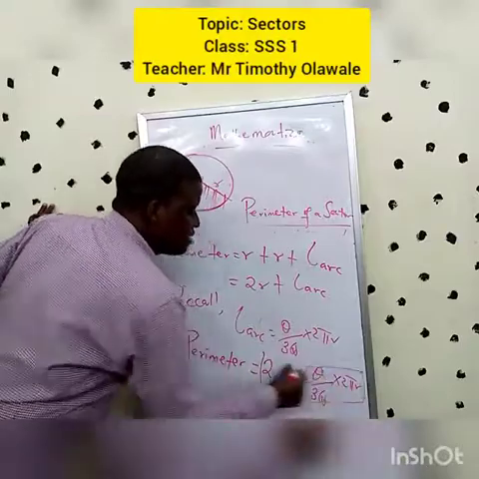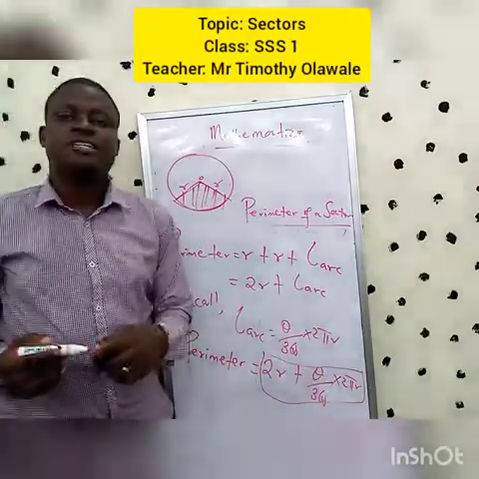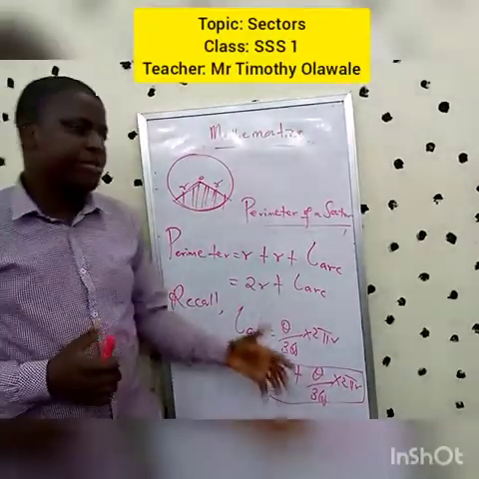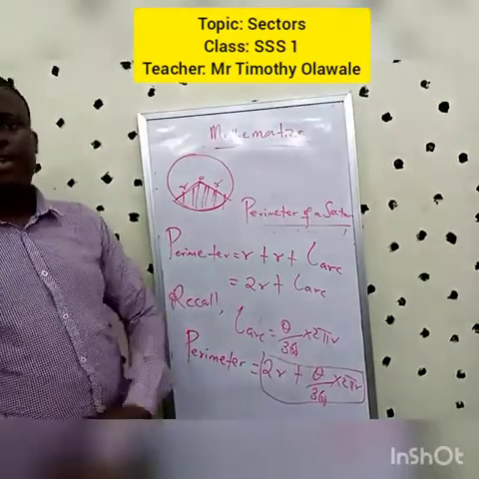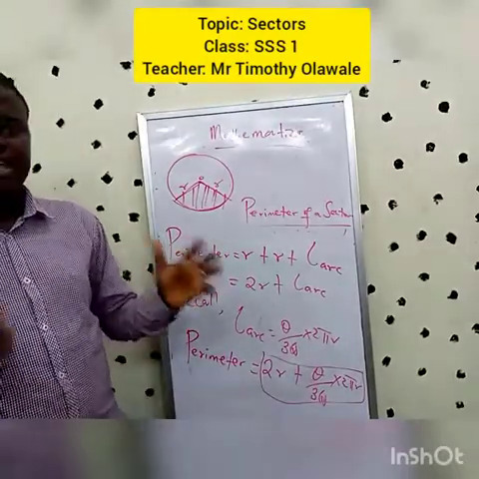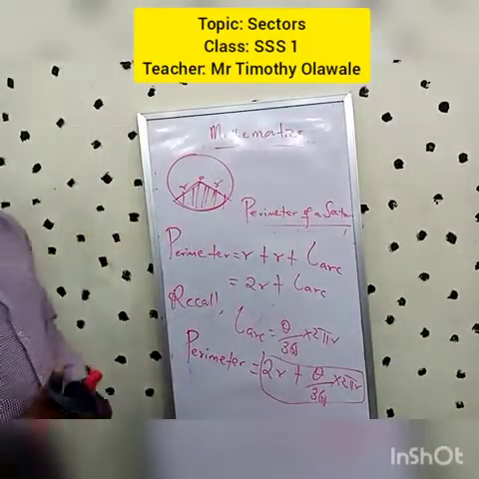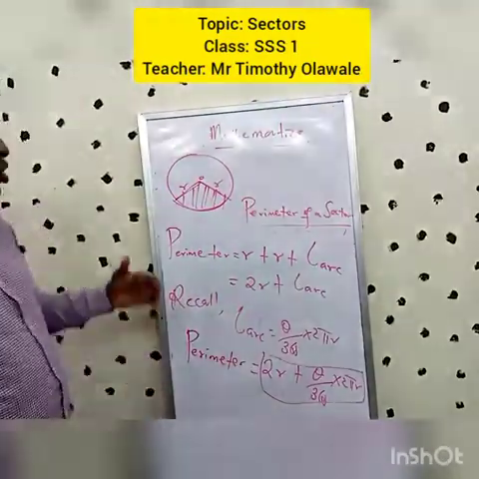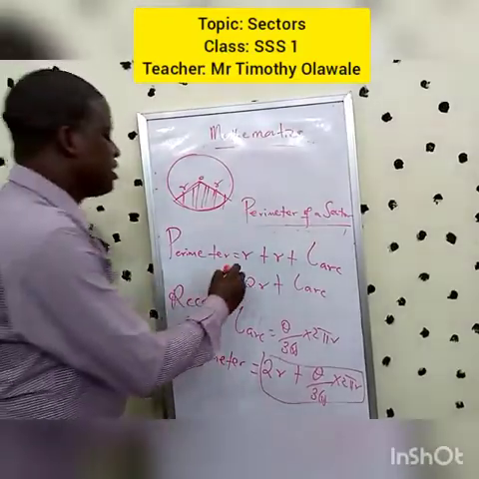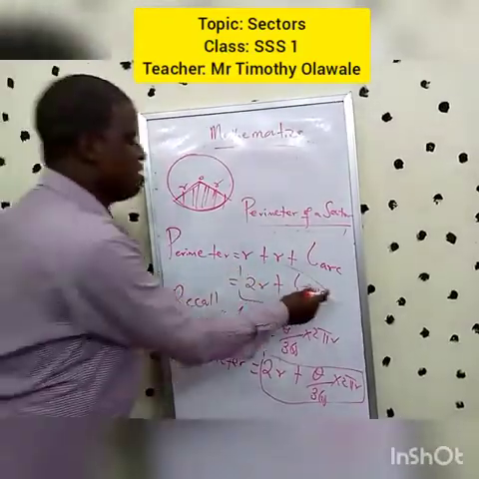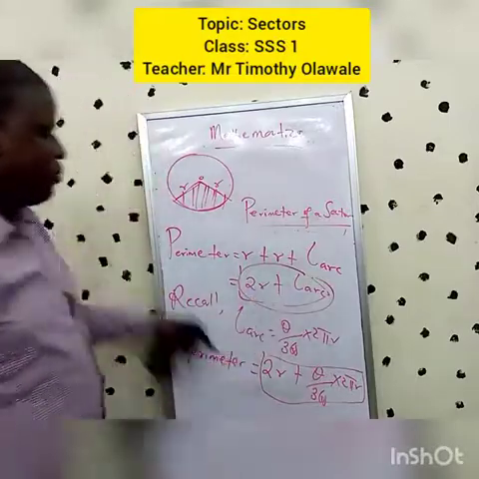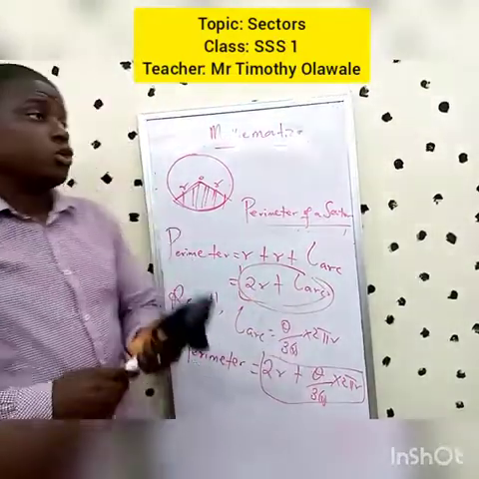That is the formula for finding the perimeter of a sector. Is that clear? So 2r plus theta over 360 times 2 pi r, or 2r plus length of an arc. Either you pick this or you pick that, as the case may be.